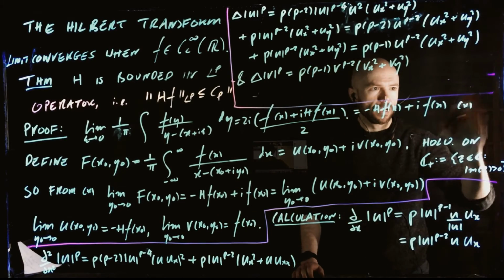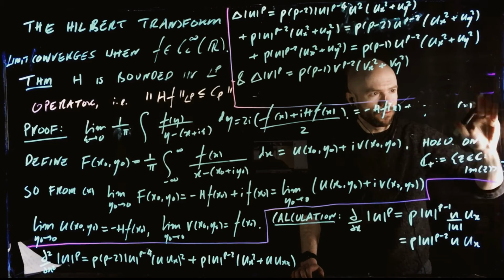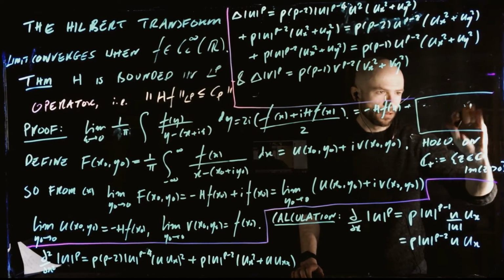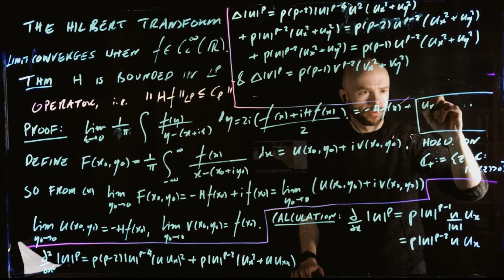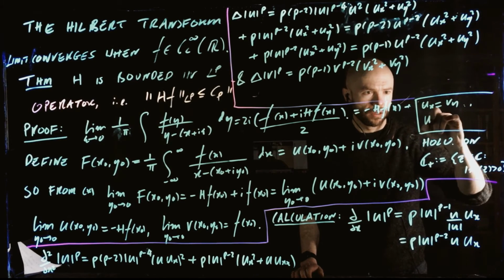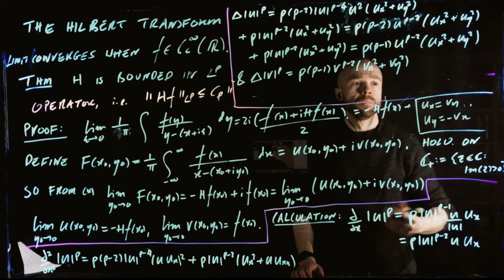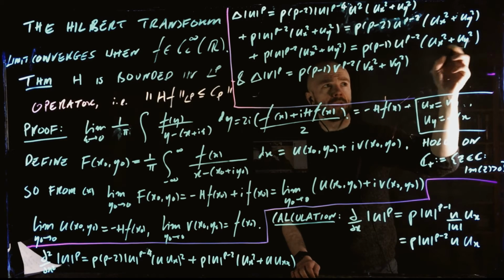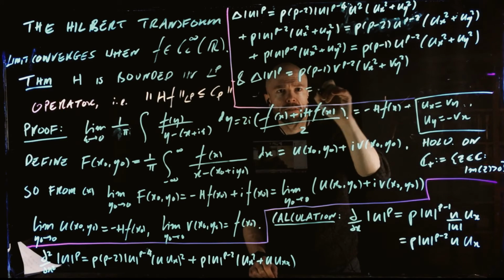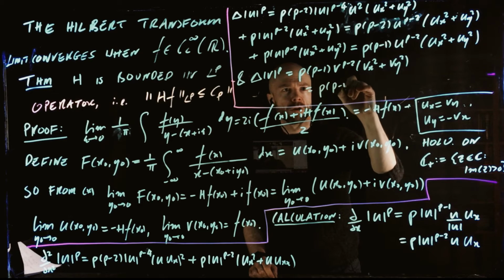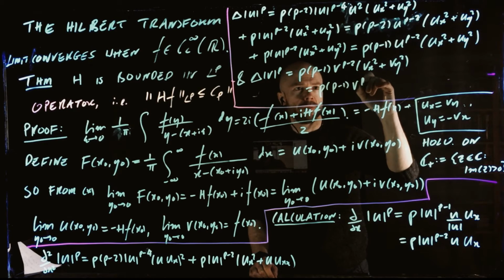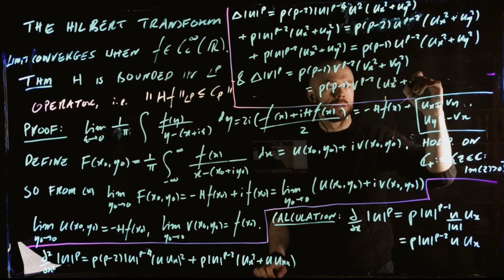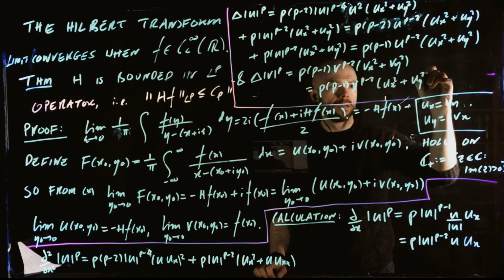But our functions u and v are holomorphic, so they satisfy Cauchy-Riemann equations, right? Cauchy-Riemann equations again, u of x equals v of y, u of y equals minus v of x. But when we square it, we don't notice. So we can replace this expression here by u of x squared, u of y squared, right? So this is p minus 1, v to the p minus 2, u of x squared, and u of y squared, like this.